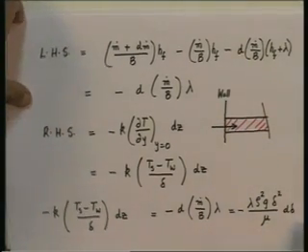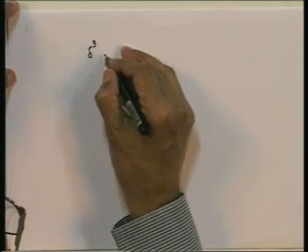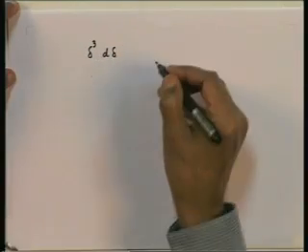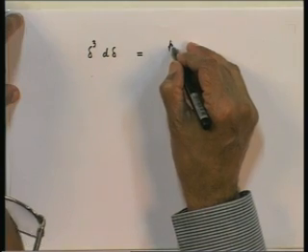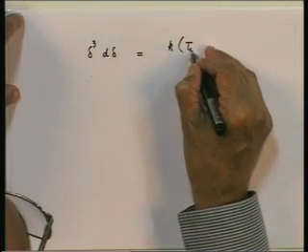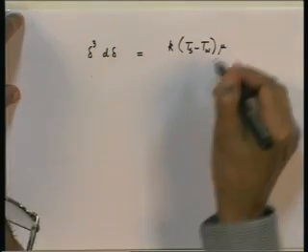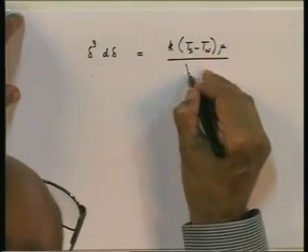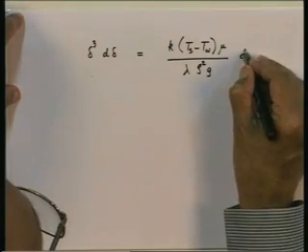Let us clean up that expression a little. If you clean up the expression a little, we get delta cubed d delta is equal to k (T_s minus T_w) multiplied by mu divided by lambda rho squared g, the whole thing multiplied by dz.